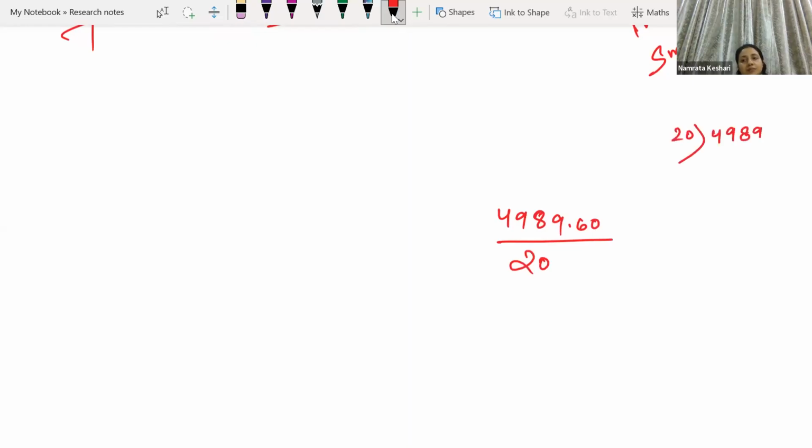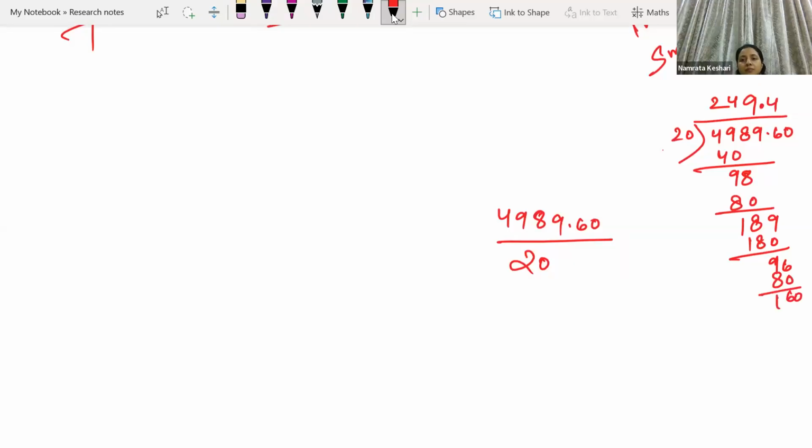Yes, 249.48. This is our S meter square.